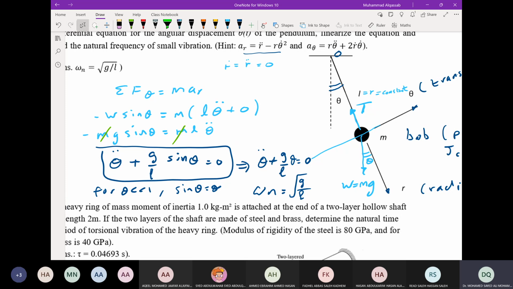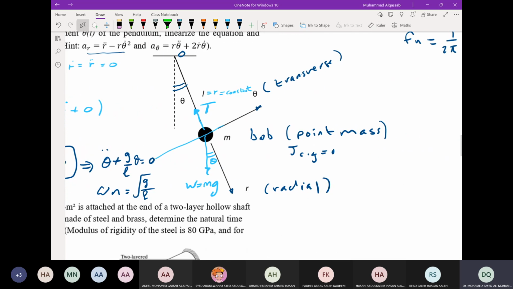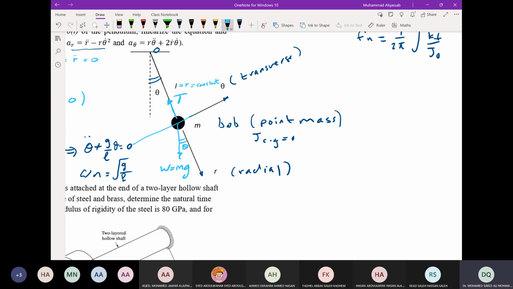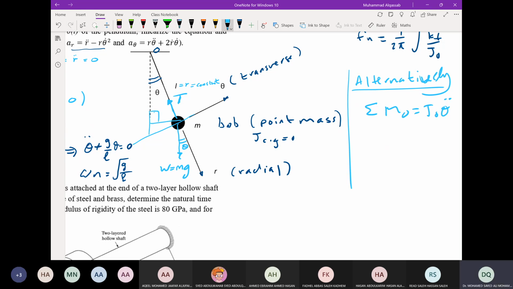And the second approach is we take the moment about point O. Take sum of moment about O equal to JO theta double dot, which is Newton's second law in rotation. For the sum of moment about O, the tension does not produce a moment about point O. It is only the weight. So for the weight, you draw the complete right angle triangle.